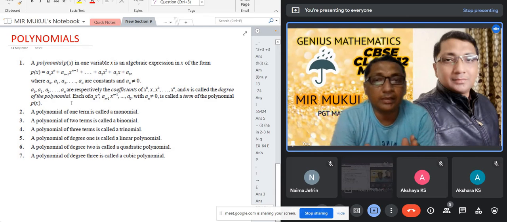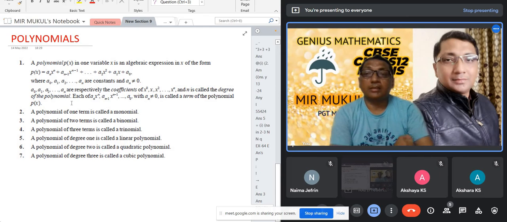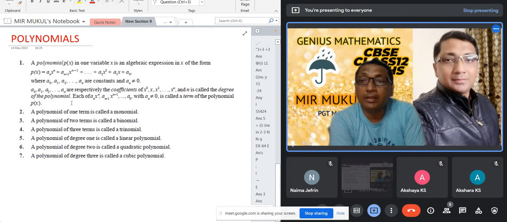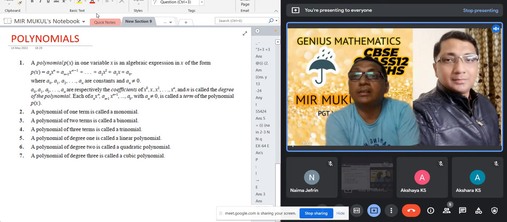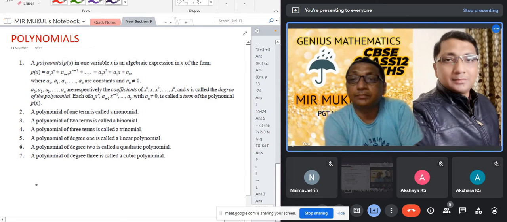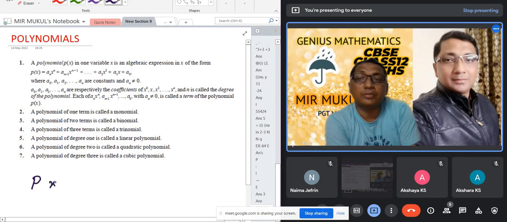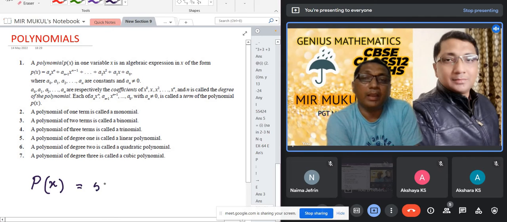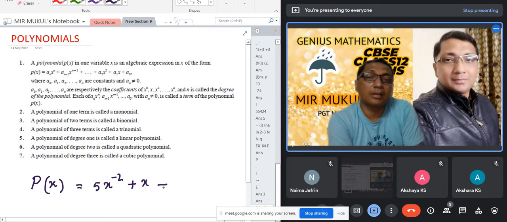Again, try to understand. Just I'm writing, then you can understand. One polynomial I am taking, p(x) equals 5 x to the power minus 2 plus x plus 2.